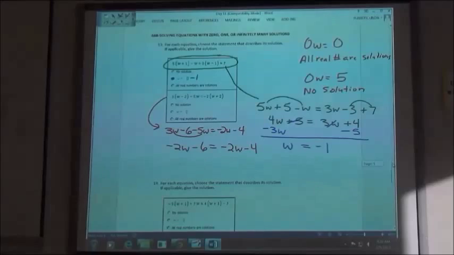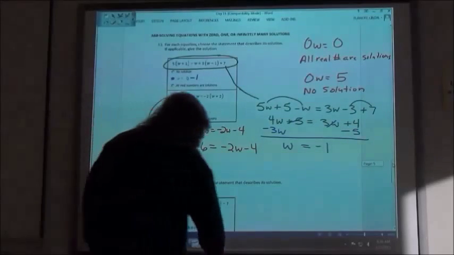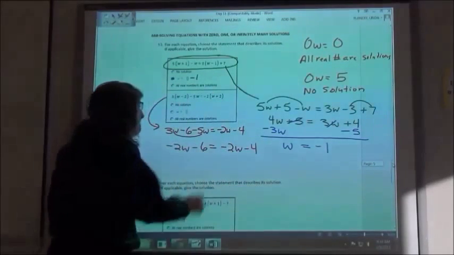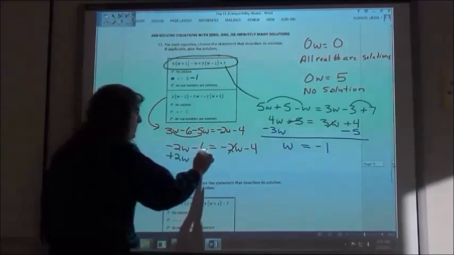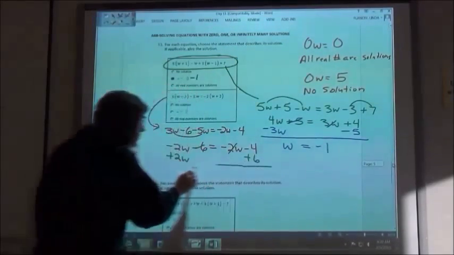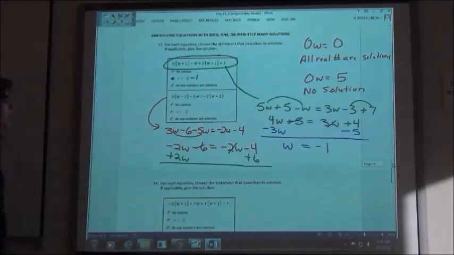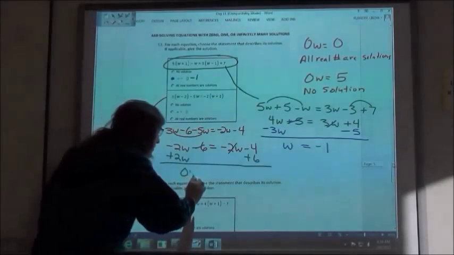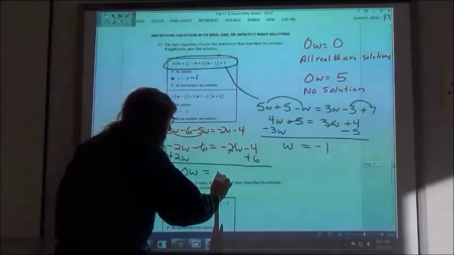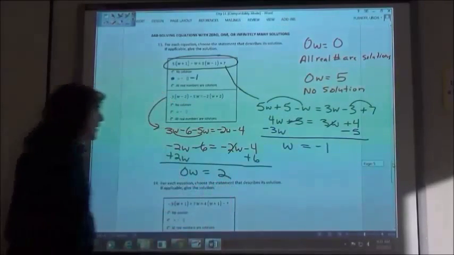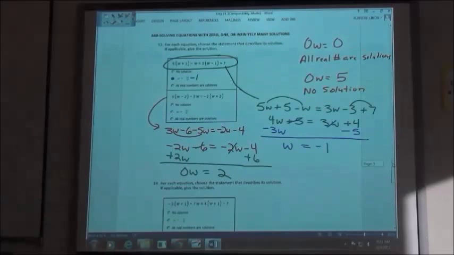So if we're going to solve that, your negative 2w comes over to positive 2w. Your 6 becomes a positive 6. And so when we subtract, we get 0w equals 2. 0 times what number is 2?